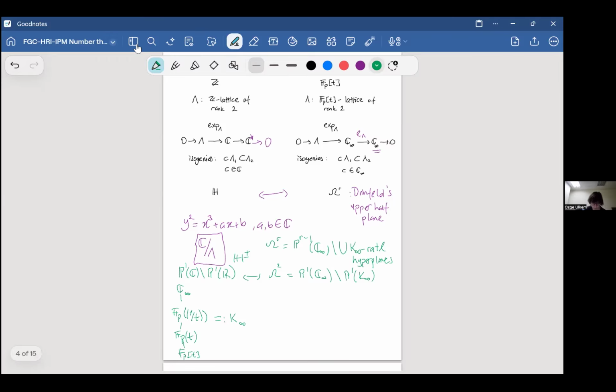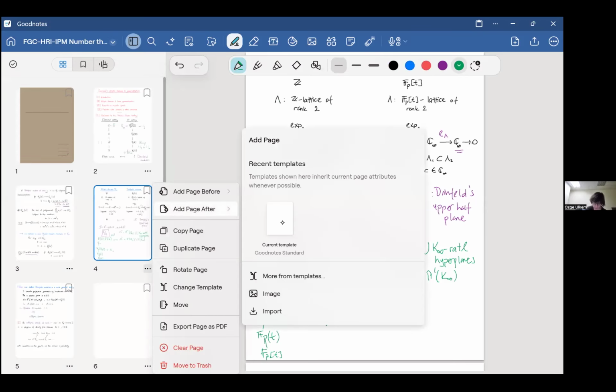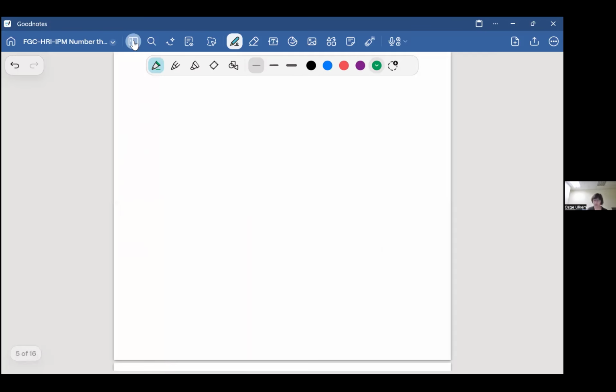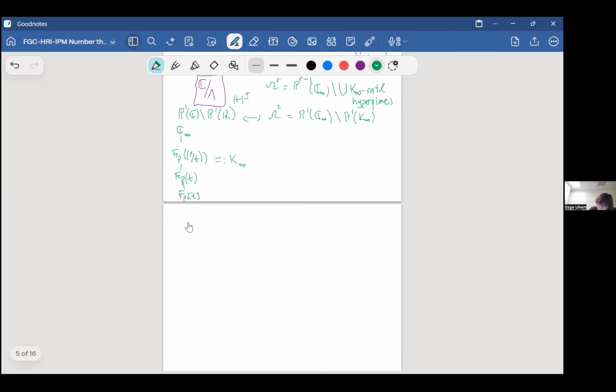Let me add one more page here. We have modular forms, and we have Drinfeld modular forms.